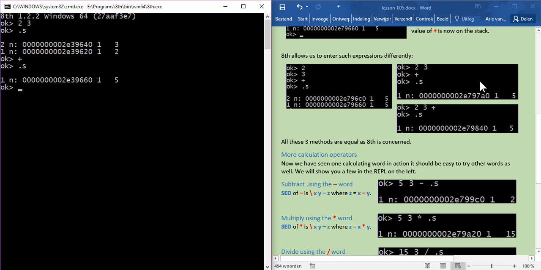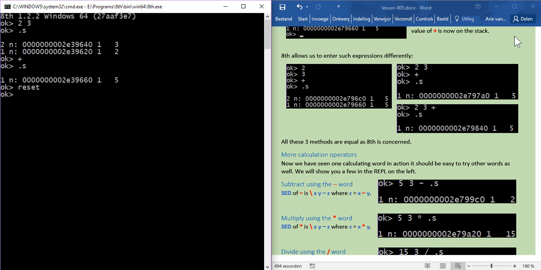Now in 8th we can enter such expressions differently. I'll first reset the stack and I'll show you. When I'm going to add 2 and 3, in the previous example I put in 2 and 3 first, entered it, and then entered the plus, and then entered the .s. But 8th doesn't mind. 8th looks at the white space delimiter and really doesn't care.